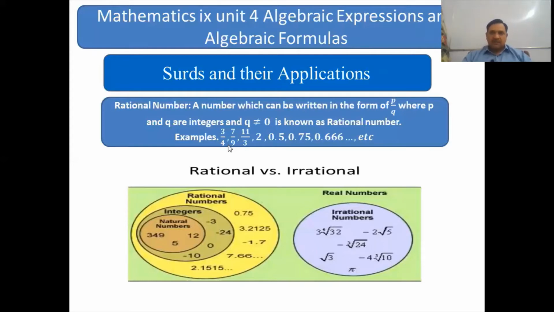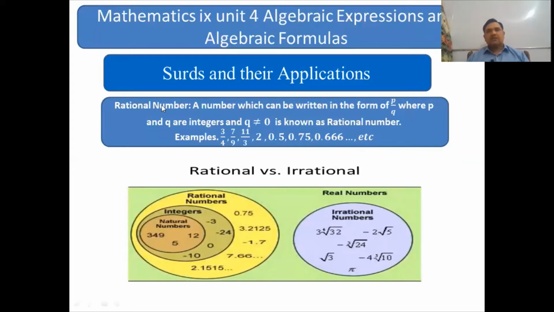For example, 0.6666, where 6 is again and again recurring. So we say that this number, 0.666, is a rational number.